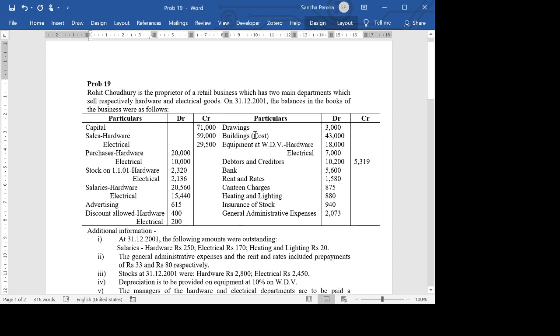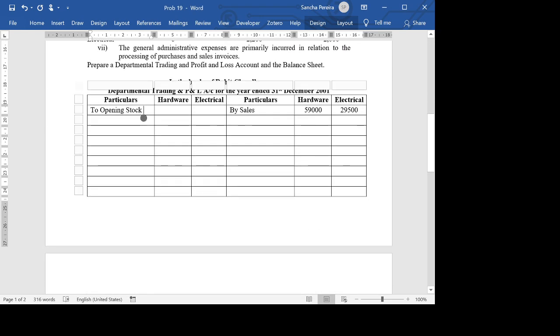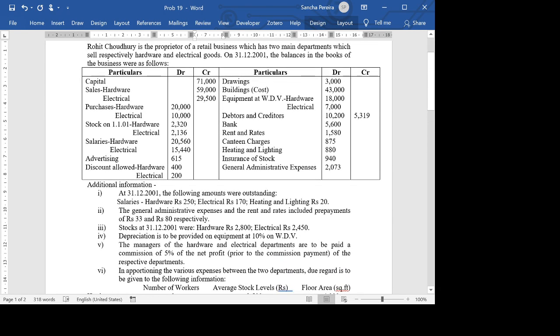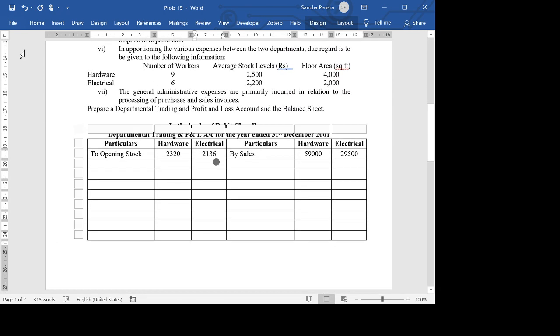So opening stock 2320 and 2136. Then we have purchases 20,000 and 10,000.